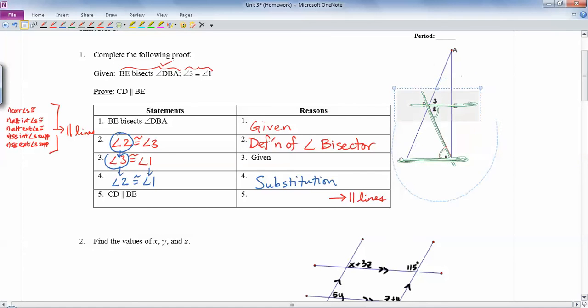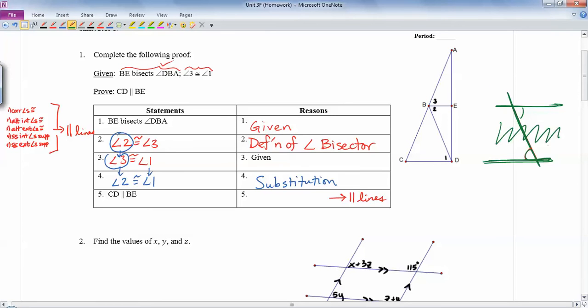And if we slide this over, you can tell they're interior angles, and they're on alternate sides of the transversal. So they're alternate interior angles, and we know that they're congruent. Well, alternate interior angles that are congruent give us parallel lines. So this reason right here is alternate interior angles that are congruent give us parallel lines.